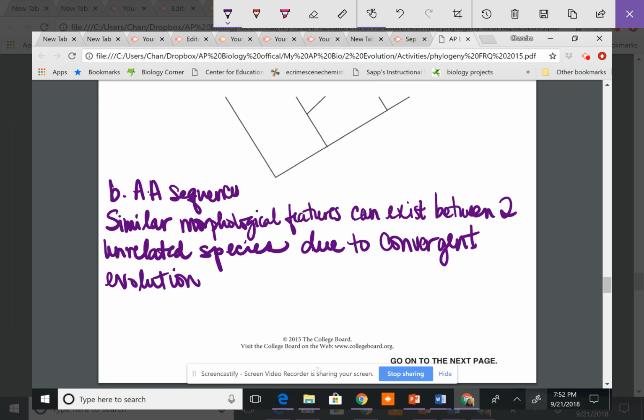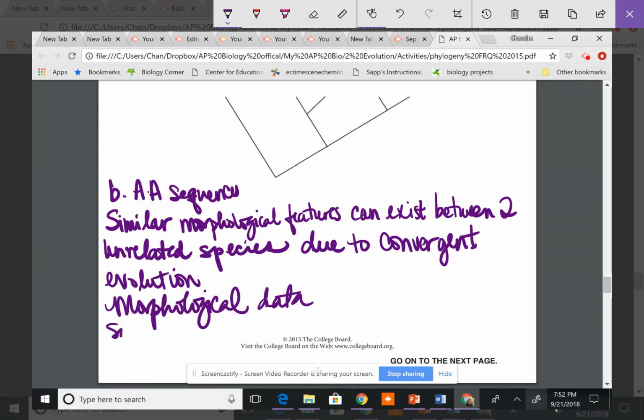Okay, well, how would we support morphological data? Well, you know how I like to remind you that biology frequently works in opposites? This is where this would come in. So, morphological data could have been our right answer, and our support could be that similar molecular sequences can sometimes produce different morphological features in related species.